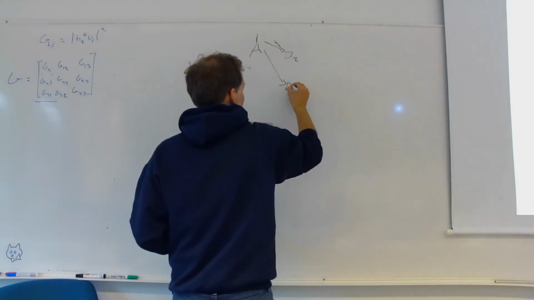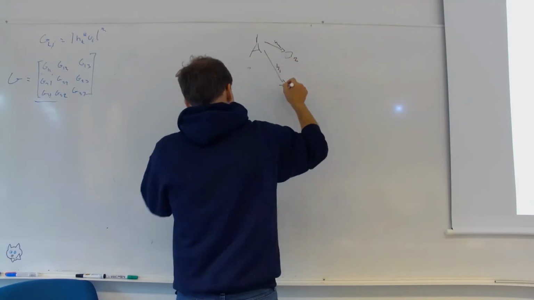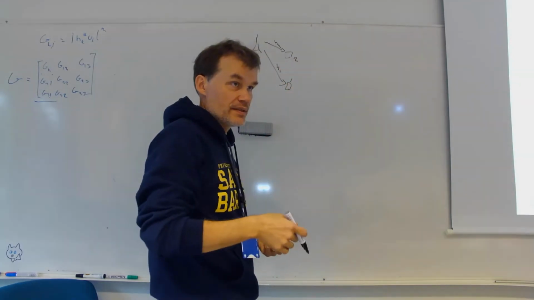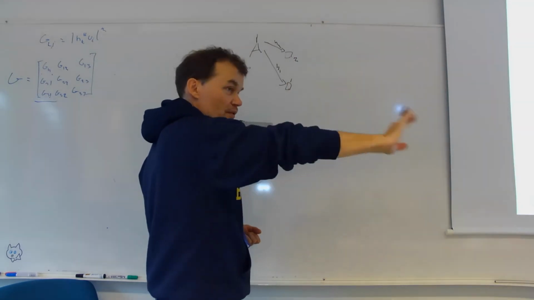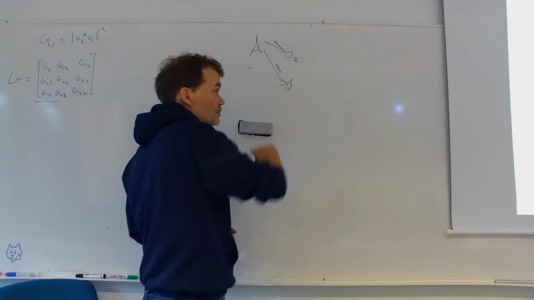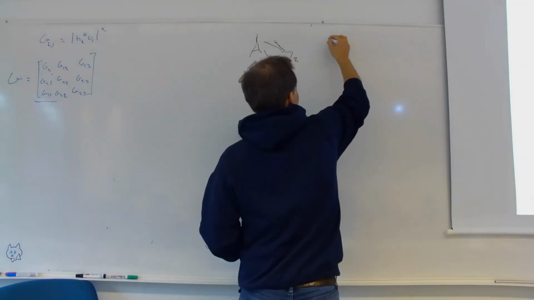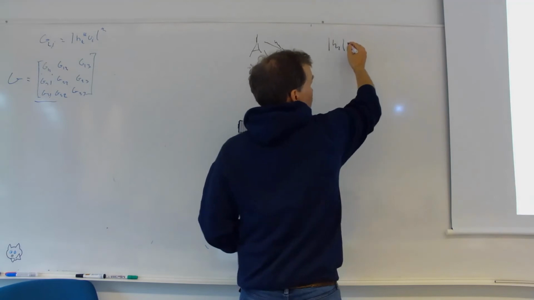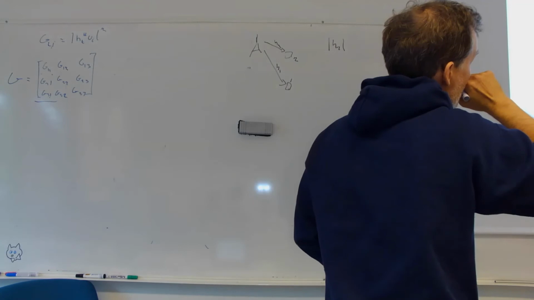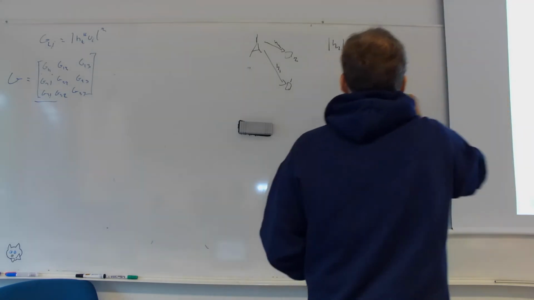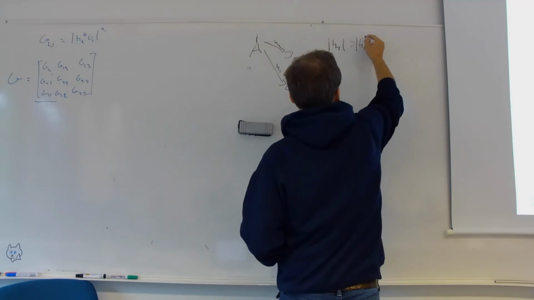User 1 is further away from the base station than user 2, meaning that H2 is larger than H1, right?